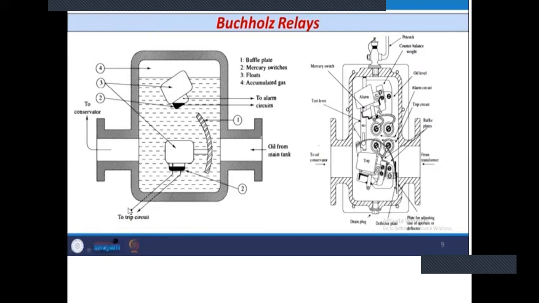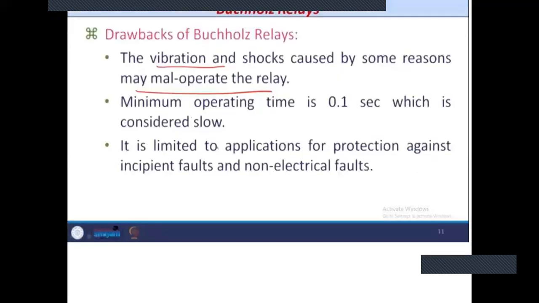Now let us see the drawbacks of the Buckholz relay. The very first drawback is that whenever vibration or shock is there, maybe because of an earthquake or some mechanical vibration, such a relay may maloperate.